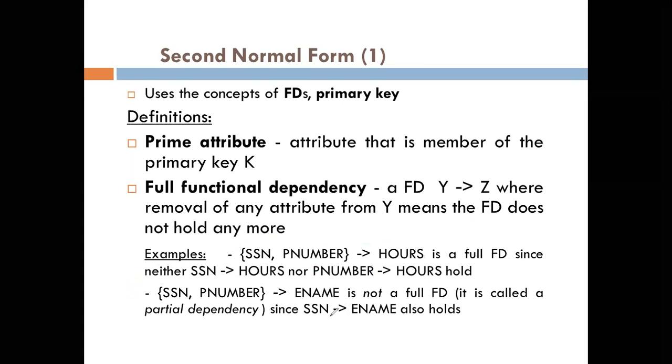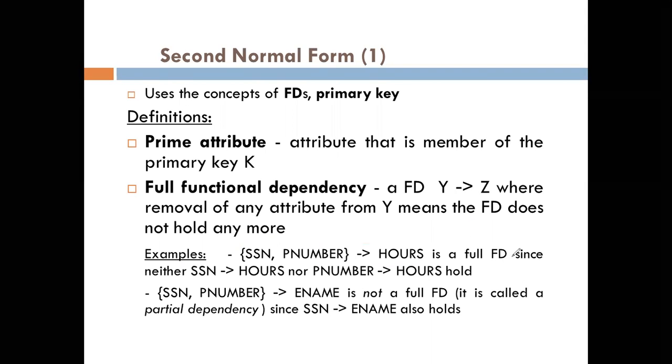So when do we say the functional dependency is full? So a functional dependency is called as fully functionally dependent if removal of any attribute from the left part of the functional dependency, then the dependency doesn't hold anymore.